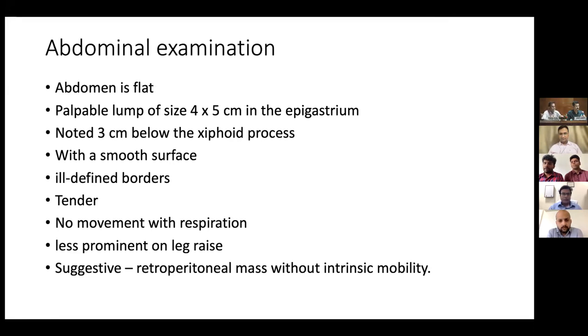So this is a mass which is in the epigastrium, right? Yes, sir. And this is a fairly large mass, 3 centimeters below the xiphoid process, with a smooth surface.